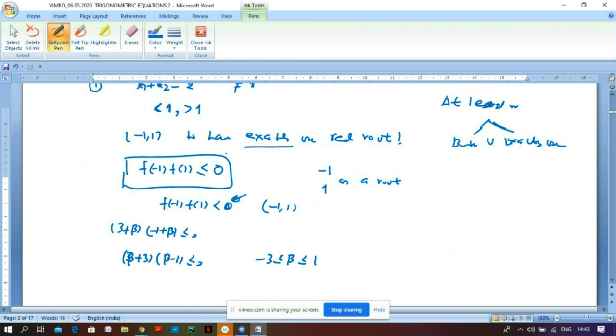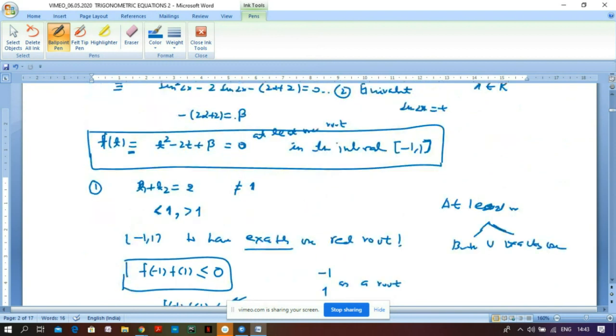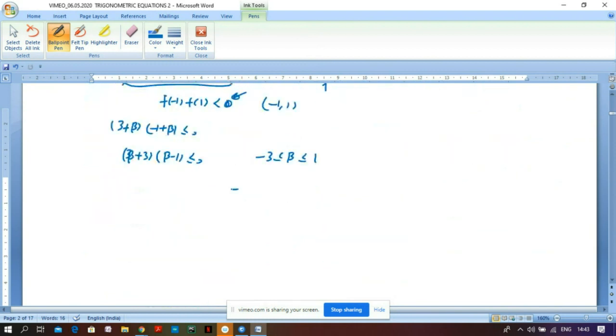But we wanted to find alpha. No problem, beta is -2 alpha plus 2, so I'll write -3 less than or equal to -2 alpha plus 2 less than or equal to 1. I can turn the sign, so 3 greater than or equal to 2 alpha plus 2 greater than or equal to -1. I can subtract 2 from each side, so 1 greater than or equal to 2 alpha greater than or equal to -3, and I can divide by 2, so 1/2 greater than or equal to alpha greater than or equal to -3/2.